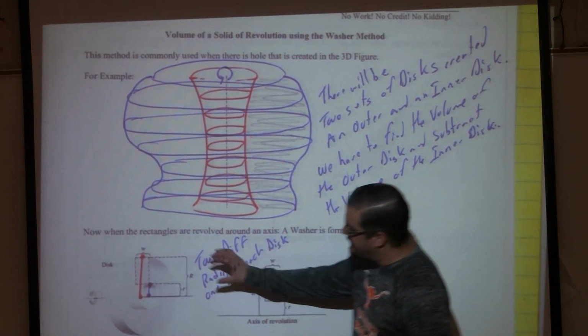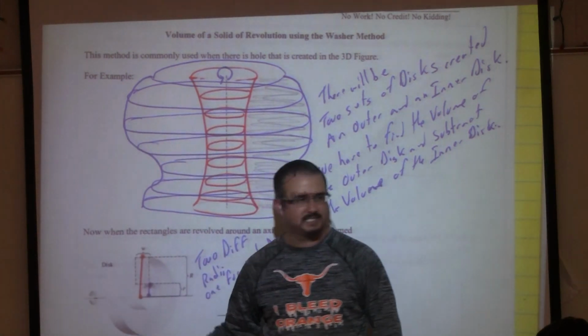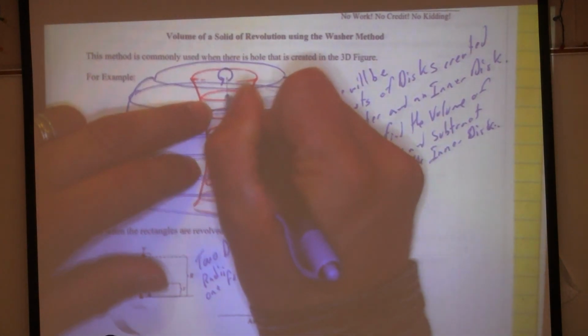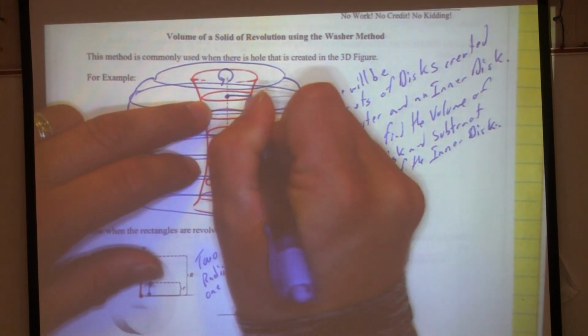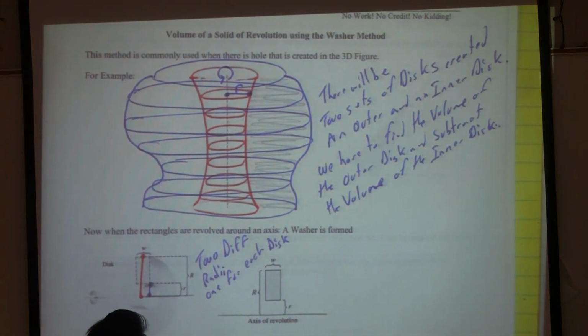This space right here was the bounded area, and that's the space being revolved. So if we come up here to this picture, the inner radius, the little one, will be from here to right there. That's little r, the small radius for the small disks.